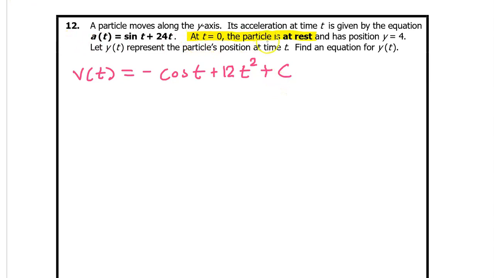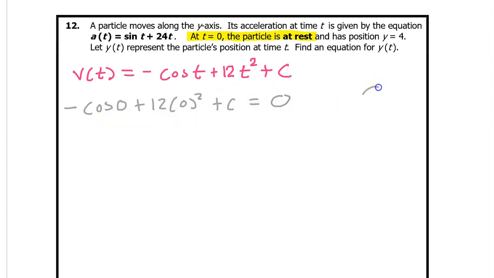We can use this initial condition to find the value of c. At t equals 0, the particle is at rest. That means when t is 0, the velocity should be also 0. So let's plug in 0 for t. We get negative cosine 0 plus 12 times 0 squared plus c, and this should all equal 0.